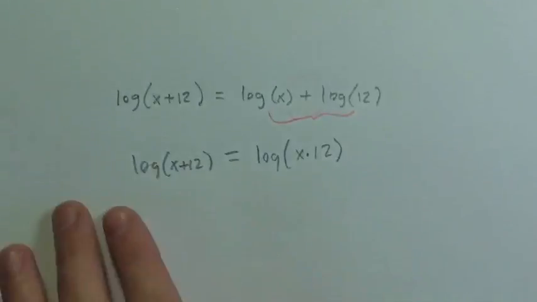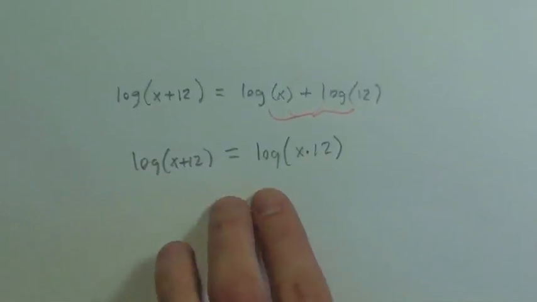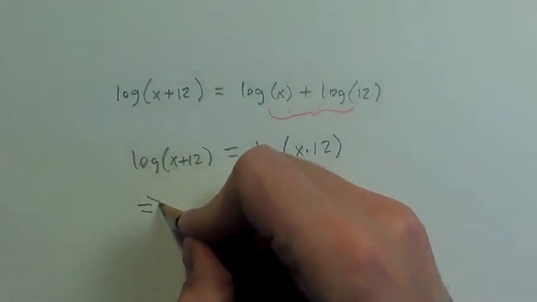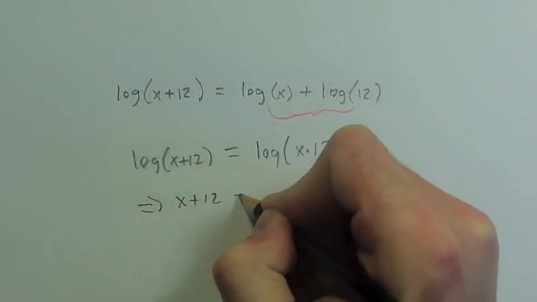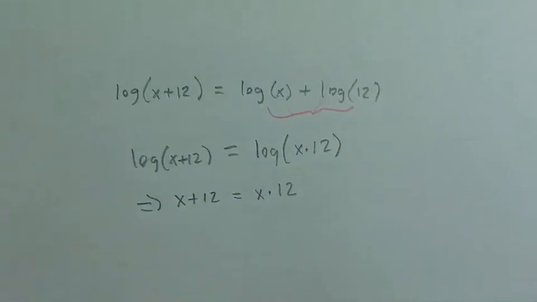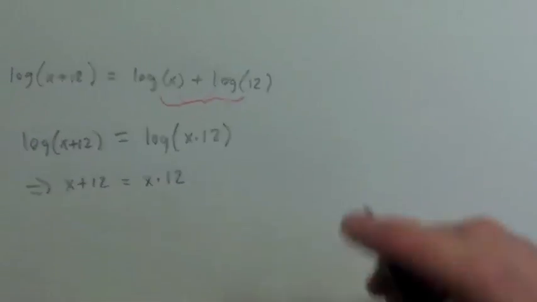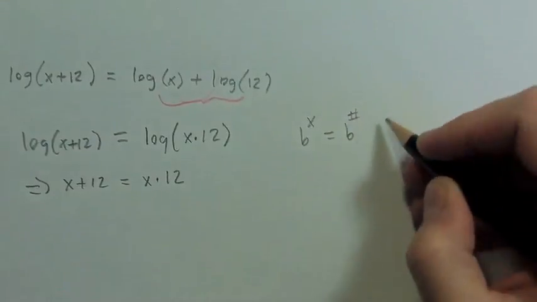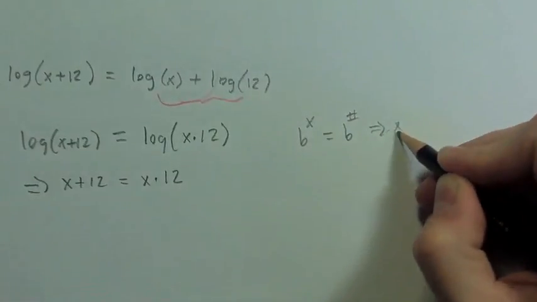And now that I have a log of something equal to a log of something else, those somethings must be equal. So it works just like with the powers. Like we had before, when we had b to the x equal to b to some number, that meant that x was equal to that number.